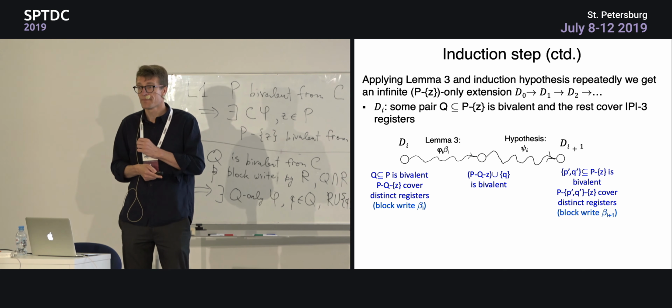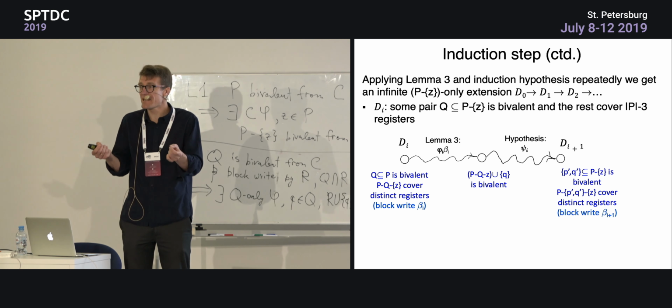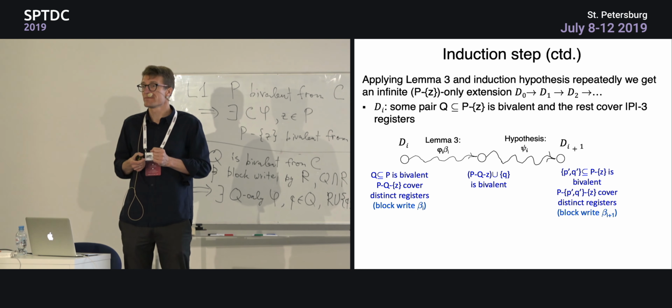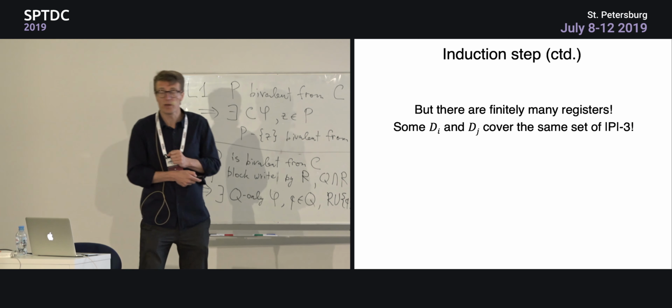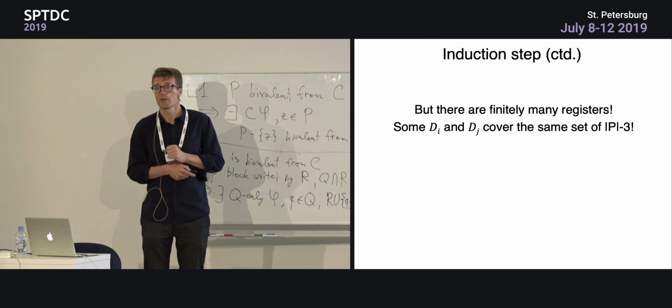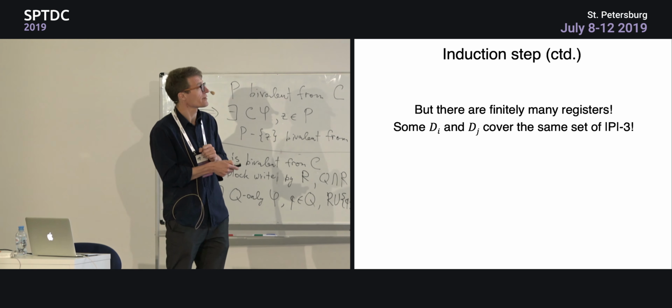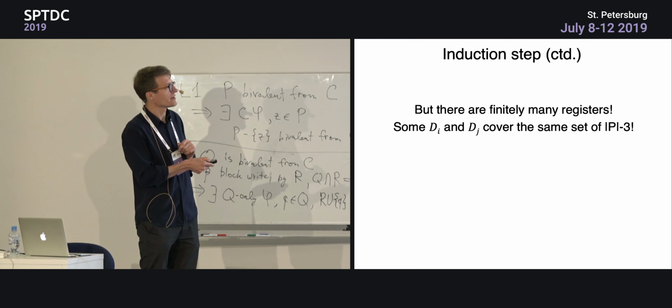So there must be two bivalent configurations in which the same set of registers is covered. Let's call them D_i and D_j. They cover the same set of registers, let's call it S, of size p minus 3.